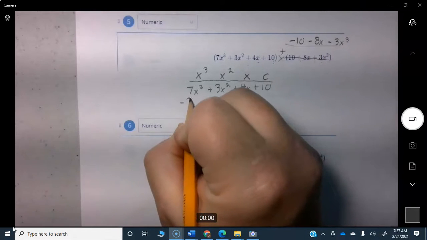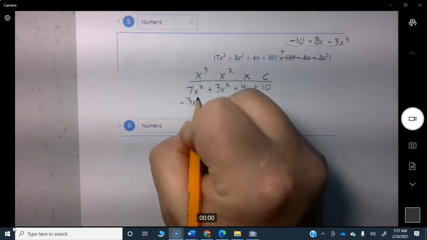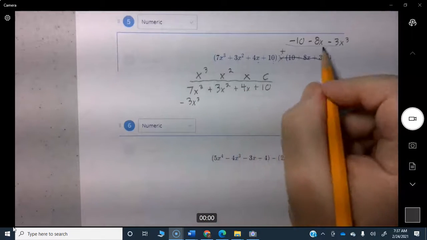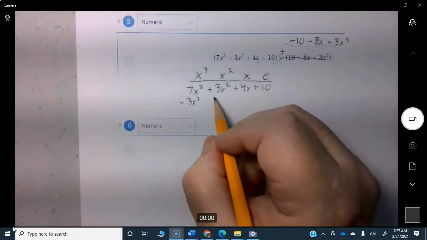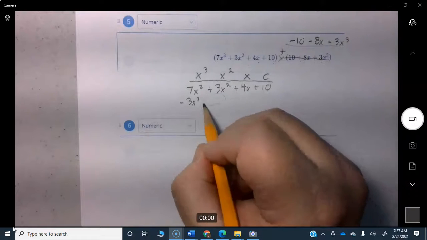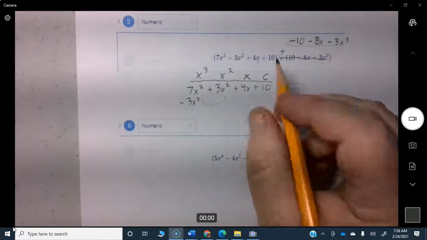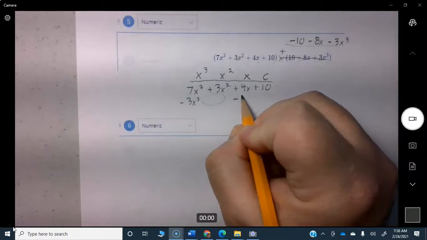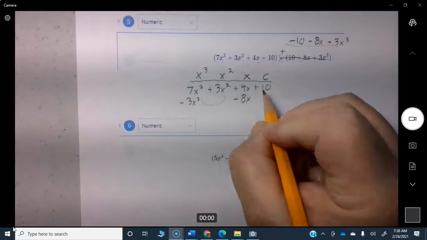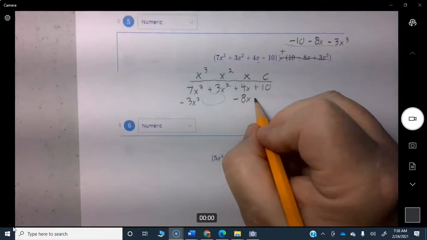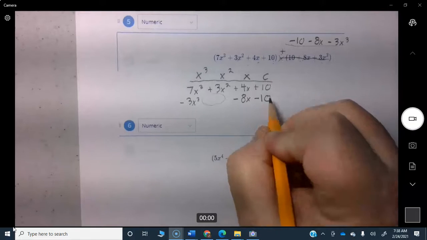I'm still going to put it in the x to the third column. Okay, I don't have any x squared term, so I'm going to just draw my little light circle. You don't have to do that, just leave it blank. Then I have minus 8x in the x column. And finally, minus 10 is in the constant column.